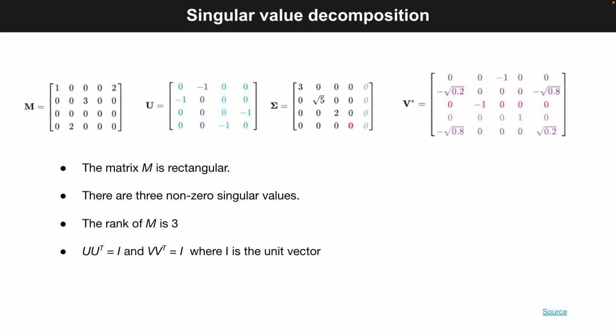Why is the rank of M 3? What is the rank of a matrix? Visually, what is it like? This is a 4 cross 3 matrix, or 4 cross 4, 4 cross 5. So what is so special about 3?